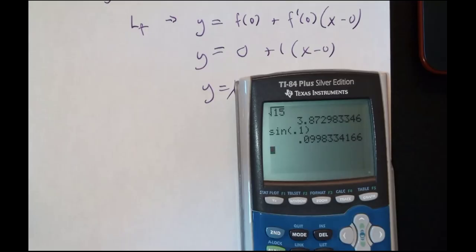Why should I have already known that 0.1 would be about 0.1? I need you to go all the way back to August. We started talking about limits, and one of the very first limits we actually computed, we did with a table. What limit did we compute that involved sine of x?